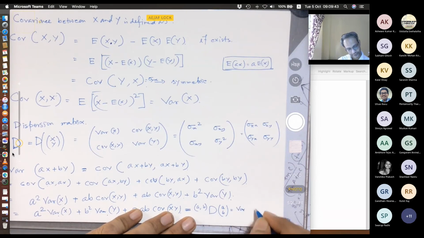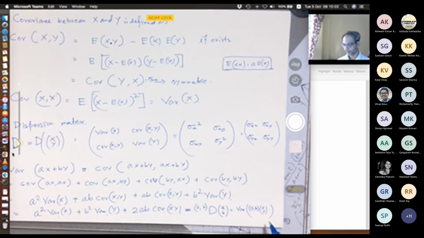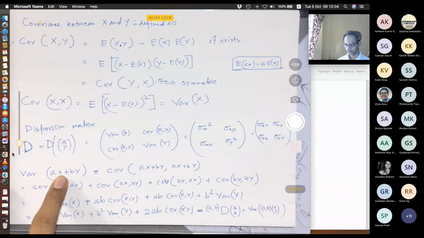And again, this quantity ax plus by can be written as the variance of the AB vector, a row vector, with the xy vector, a column vector, dot product. That means ax plus by, which is what we started with.